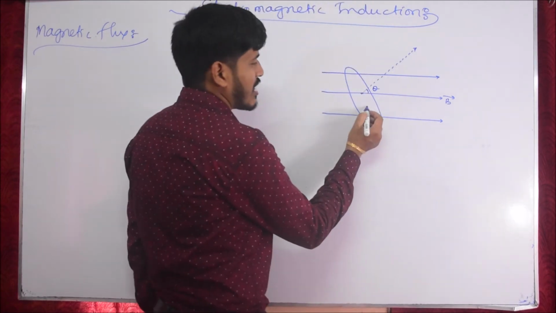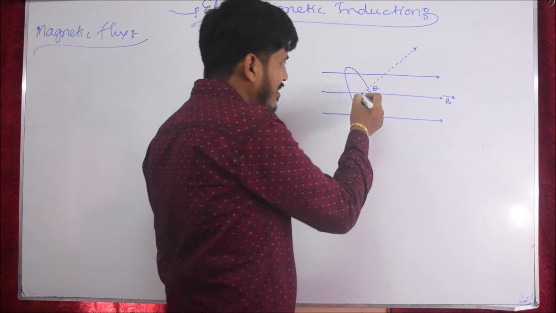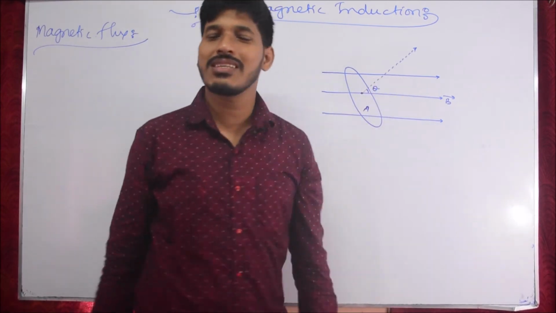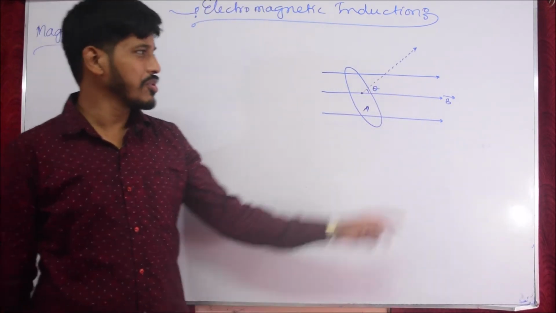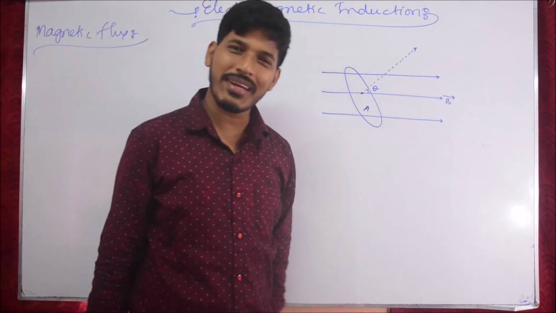Suppose its surface area is A, and normal to this surface area makes an angle theta with the direction of the magnetic field.